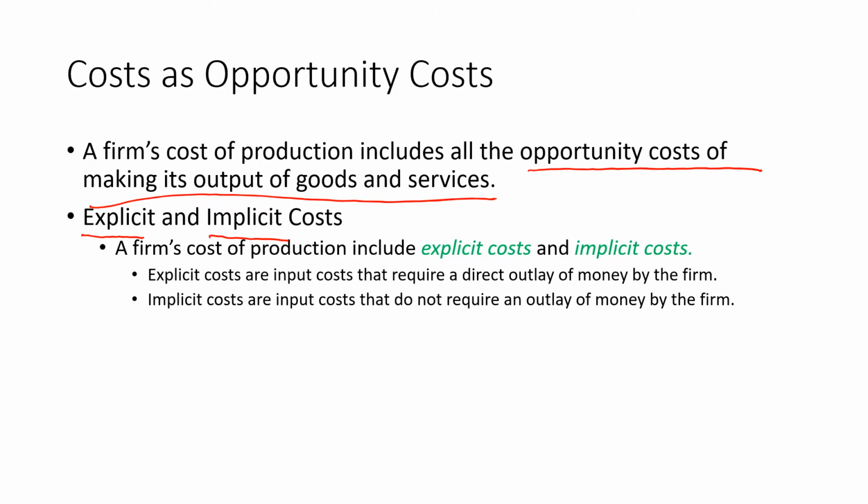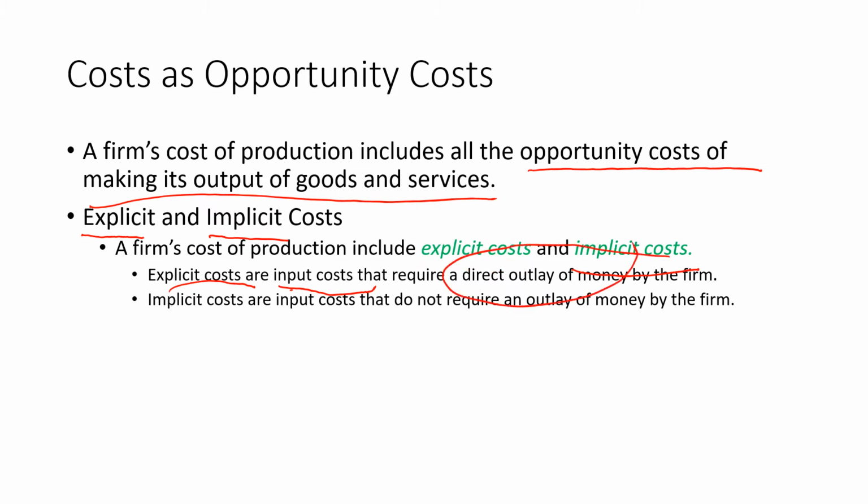A firm's cost of production includes both these costs, and the explicit costs are defined as the input cost that requires a direct outlay of money. This is important. It includes a direct outlay of money.